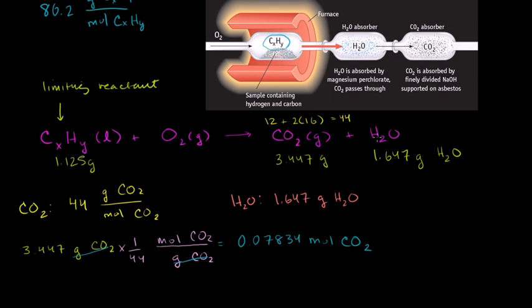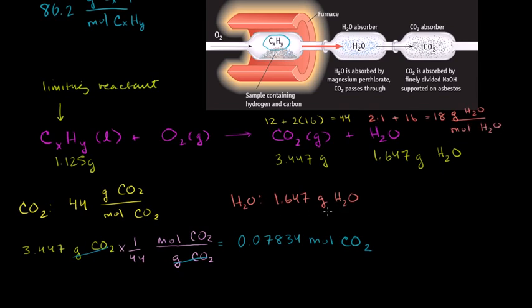Each hydrogen's atomic mass is 1, but you have 2 of them, so it's 2 times 1 plus 16, which is the atomic weight of oxygen. So 2 times 1 plus 16 is 18. That's also its molar mass. So you could say 18 grams of H2O per mole of H2O.